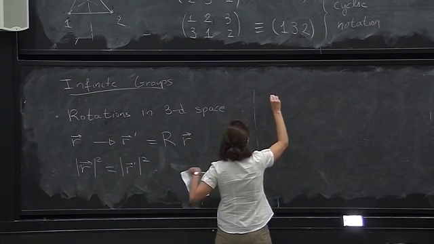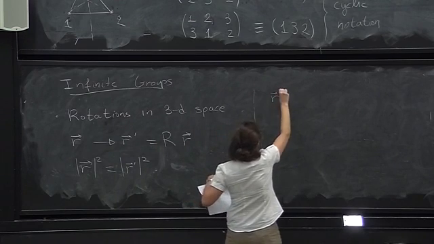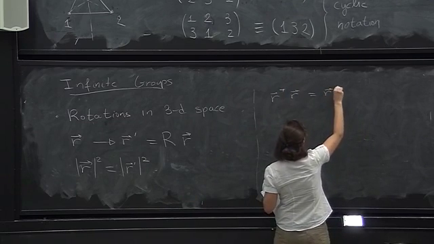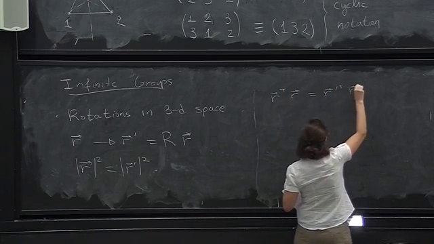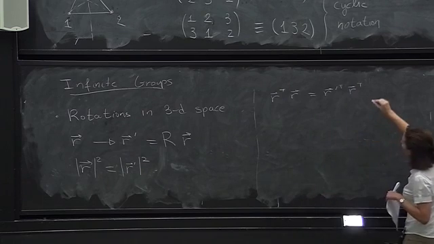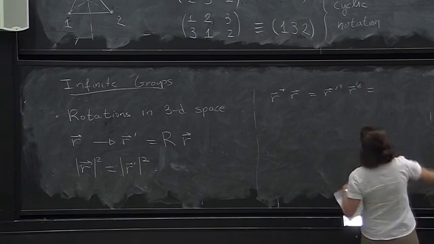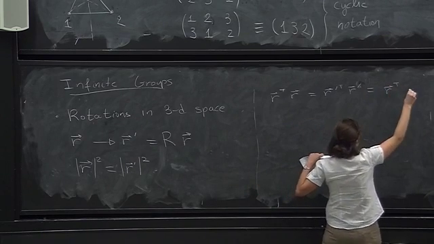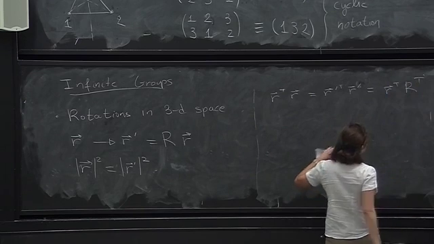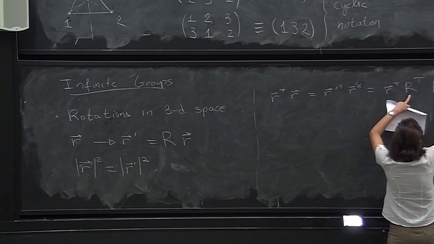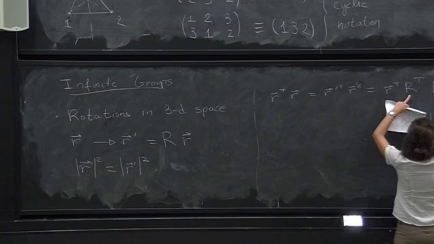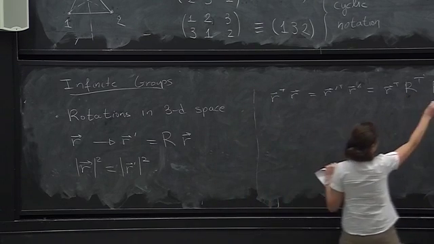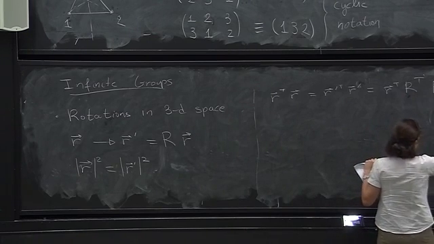So what does this mean? It means that the transpose of the vector times the vector should remain invariant. And using this notation, this thing is just the transpose of r times the transpose of the operator R times R times r. So here R and R transpose are 3 by 3 matrices.